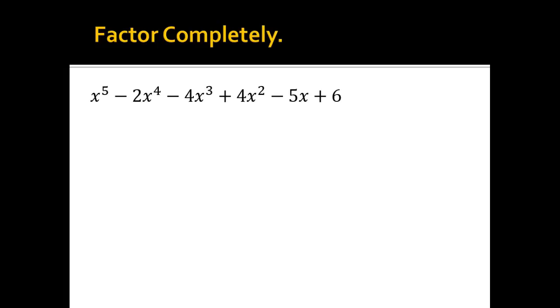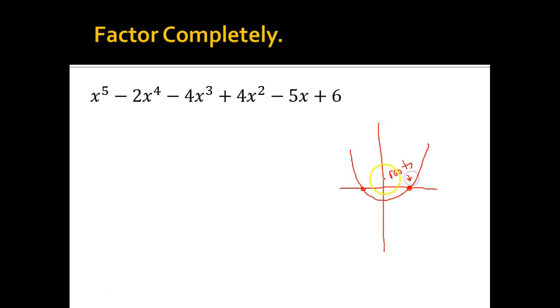Now, as I factor, I wanted to just real quickly make the connection between the factors and the roots. So remember that when we have a graph of a function, and this is not the graph of this function, we have the points where the graph crosses the x-axis. We call those the roots.